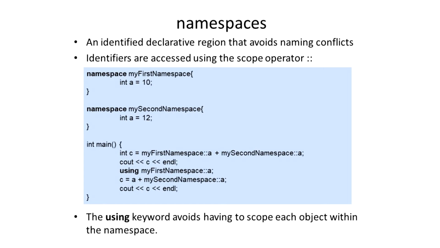And then you'll notice in the third line that we actually use the keyword using there. And this effectively means that we don't have to then refer to the namespace every single time we want to refer to that particular variable. So you notice in the line underneath, c equals A plus my second namespace, double colon, A. That A is referring to the A from the first namespace.